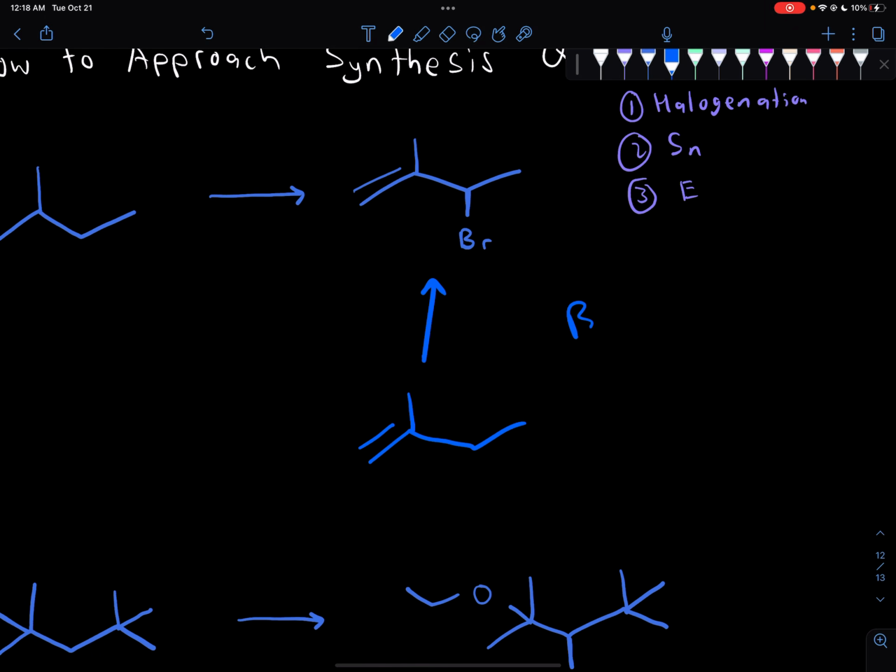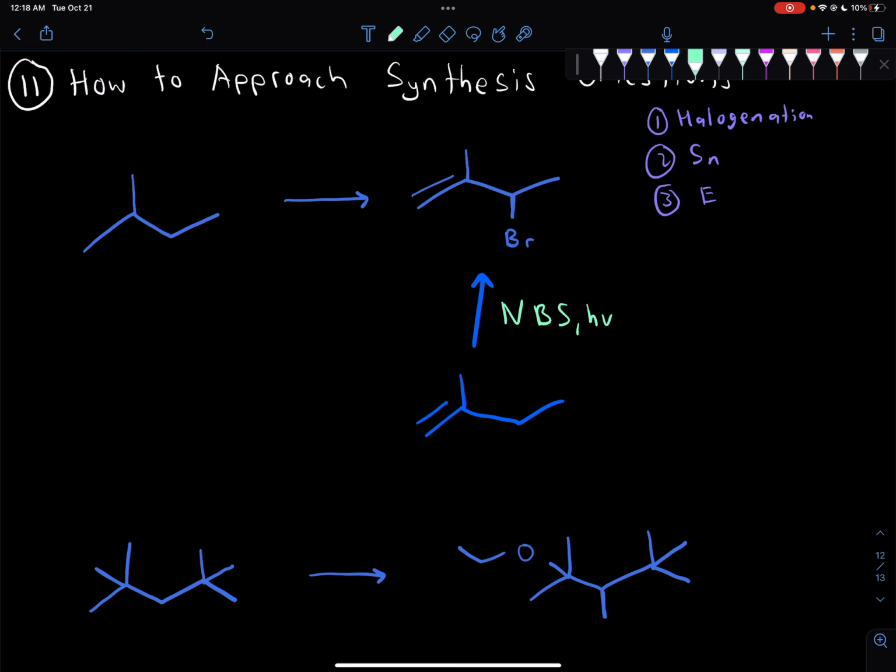Bromine can also be a strong nucleophile, but test out different things. I'm just assuming it was a radical at first, right? So I'm going to be like, okay, it was this. It was a radical. We can just even draw it without the radical. What I'm trying to say here is that we brominated this using NBS and heat or light, which would give you this product. So I'm going to be like, okay, we have that.